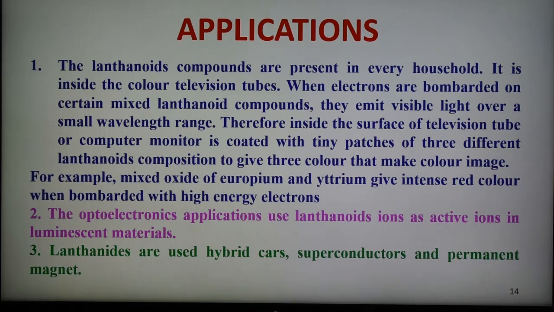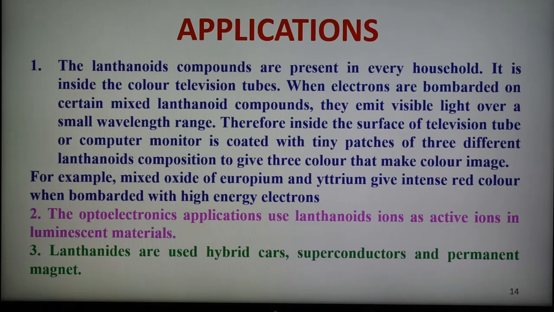For example, mixed oxide of europium and yttrium gives an intense red color when bombarded with high energy electrons. So this is an important application for color. Second are optoelectronics applications, with the use of lanthanide ions as active ions in luminescent materials.